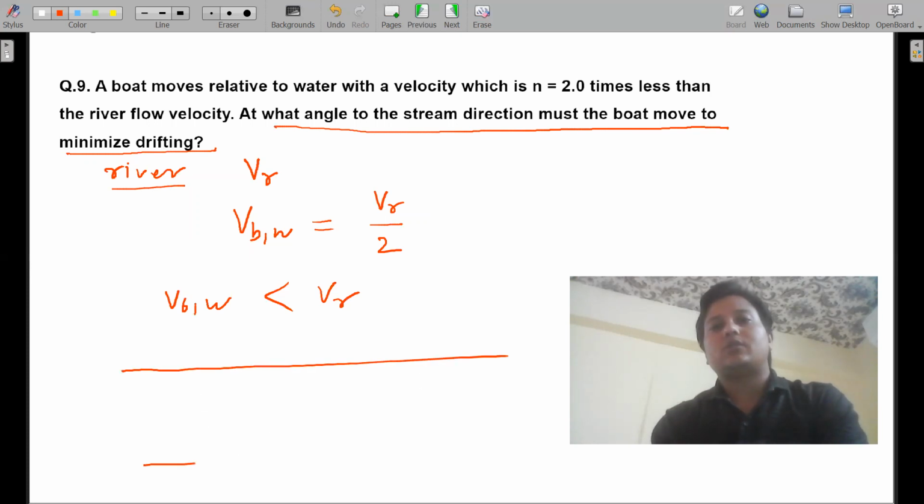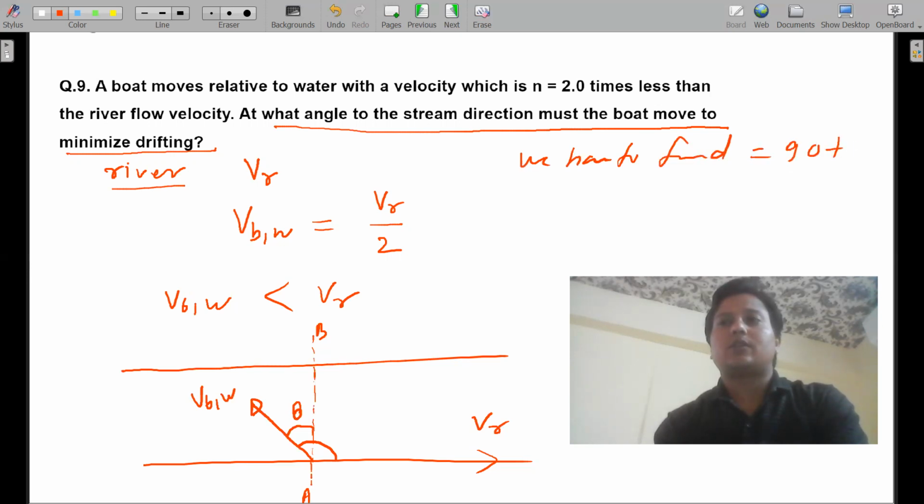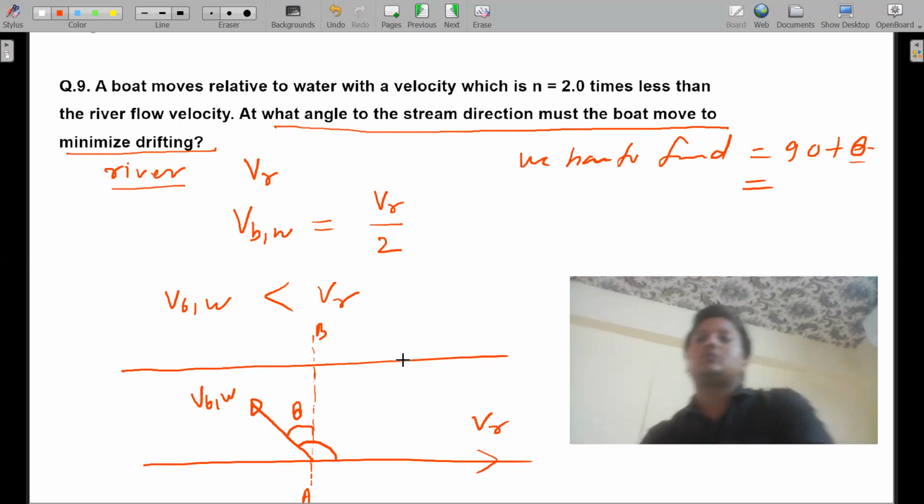Suppose there is a river flowing in this direction with a speed Vr, and suppose we have relative motion of the boat with respect to water at an angle theta with the line AB, and we have to find this total angle 90 plus theta. So by calculating theta we can calculate the required result.